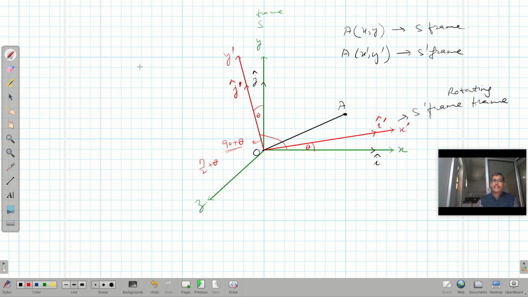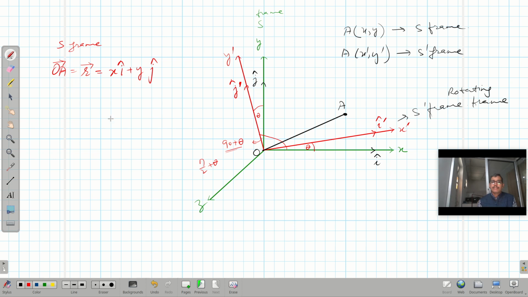So if I am looking at the particle only in the S frame, OA will remain the same, and let us call it the R vector, and this distance will remain the same. So it is represented by x i cap plus y j cap.